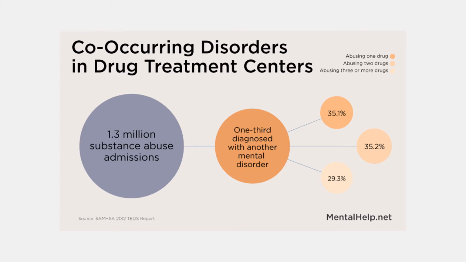The numbers on the right indicate that of those that had a substance use disorder as well as a mental health disorder, 35.1% were abusing one drug, 35.2% were abusing two drugs, and 29.3% were abusing 3 or more drugs.